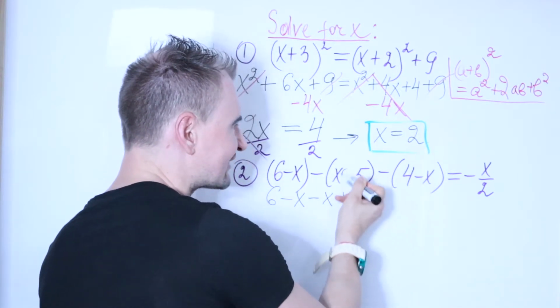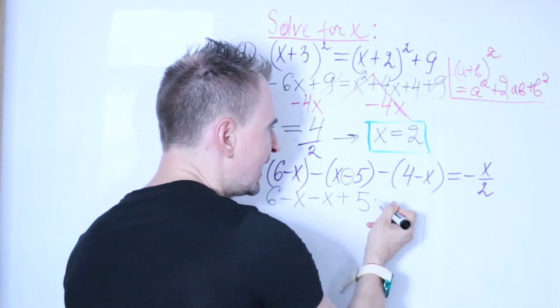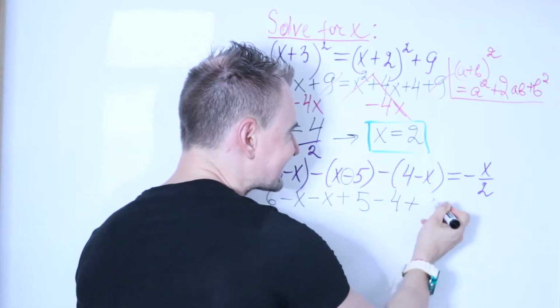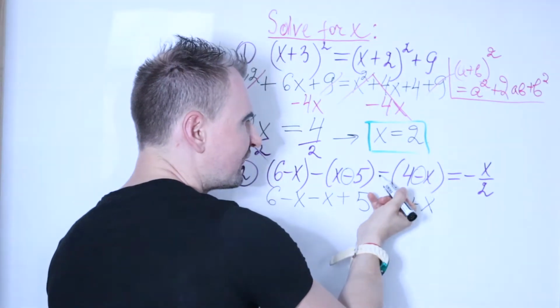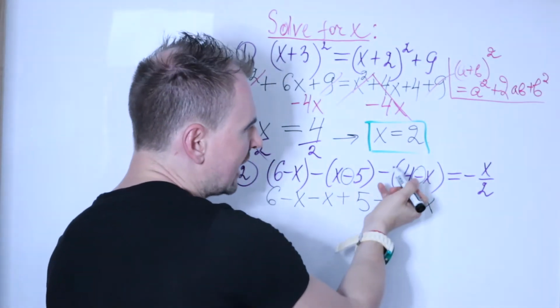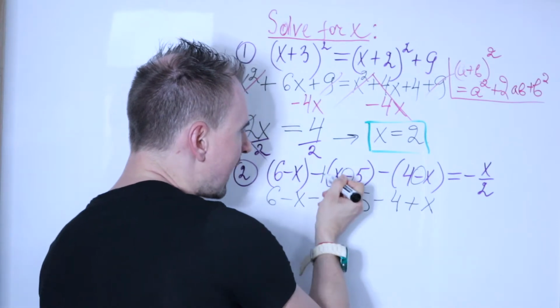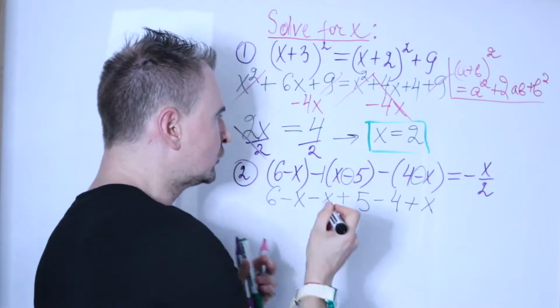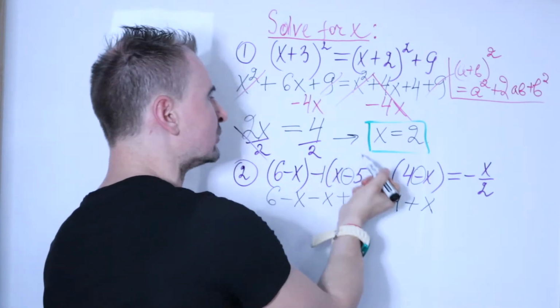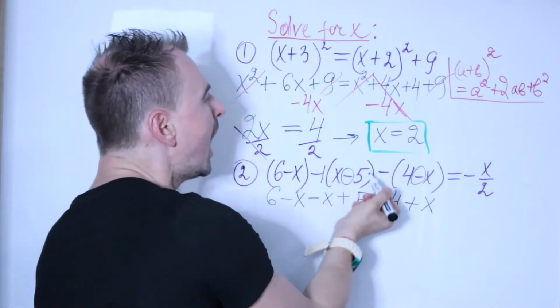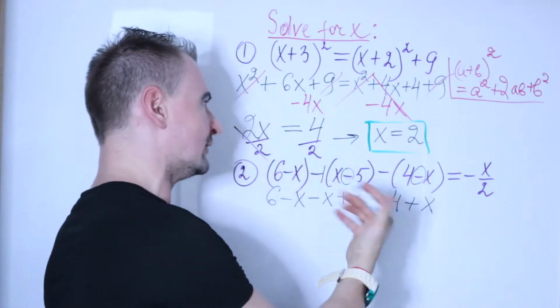So this sign has to be flipped, has to be switched. Minus 4 plus x. Again, this sign has to be flipped, because basically you have a kind of invisible one in front, and what you do technically, you take this negative one and you distribute, you multiply this negative one by both terms inside of your parentheses.